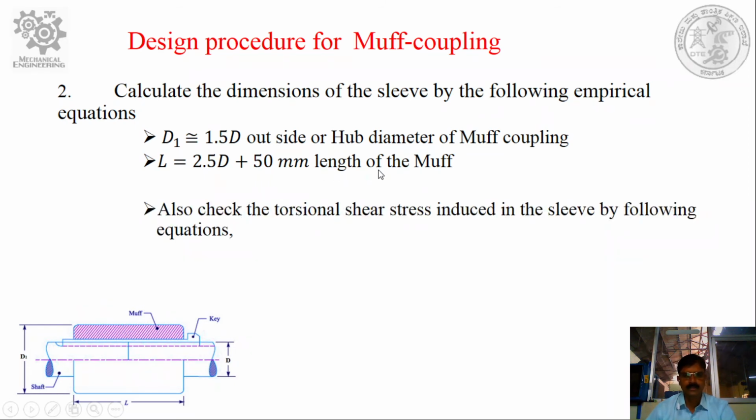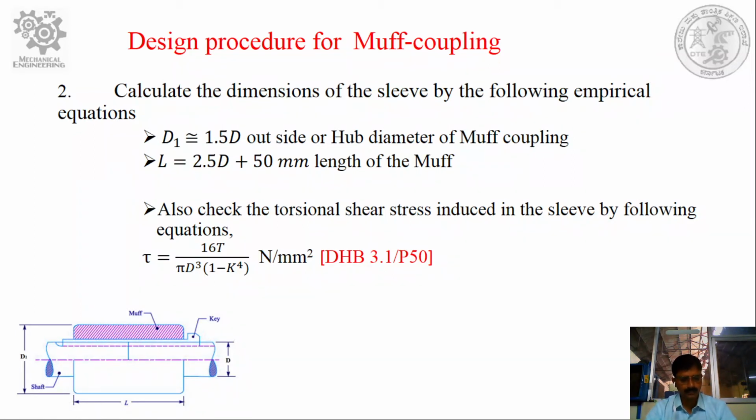Also check the torsional shear stress induced in the sleeve by the following equations. Now we are going to treat the muff as a hollow shaft, the muff is also known as the hollow shaft. By treating it as a hollow shaft, we are going to check the induced shear stress in it.